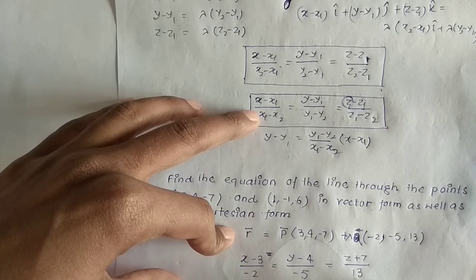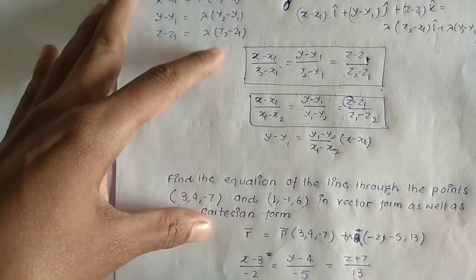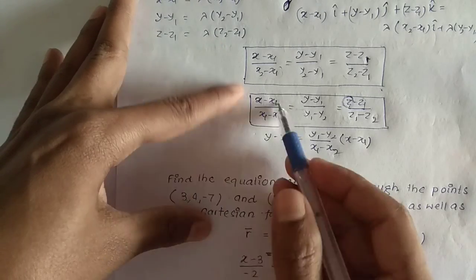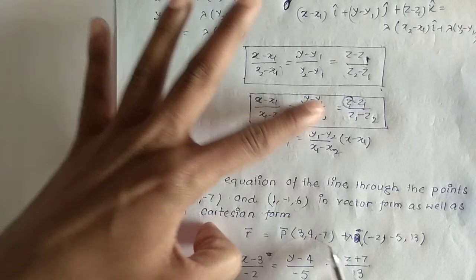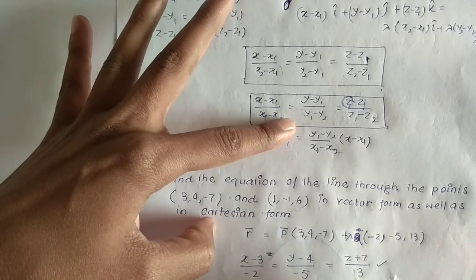This is a Cartesian form of the equation. Suppose it is written right: x minus x1, y minus y1 like this. I hope you understand.